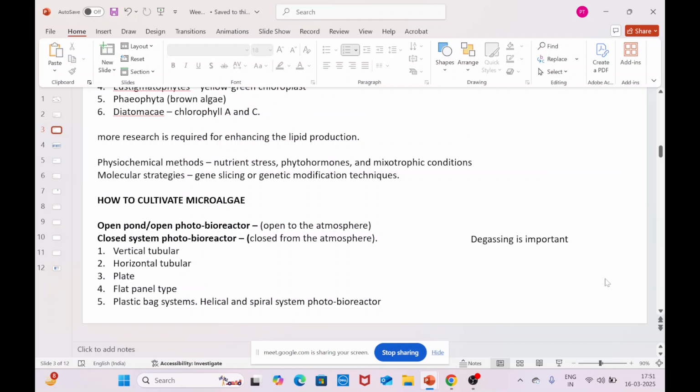When you take all the factors under consideration, which system is the best, closed or open? And why?